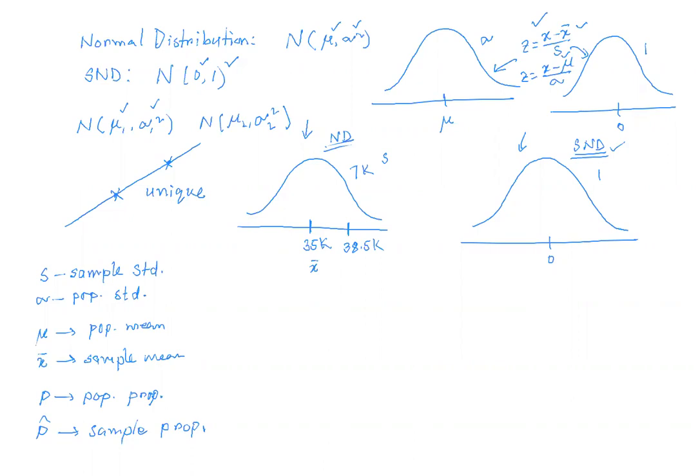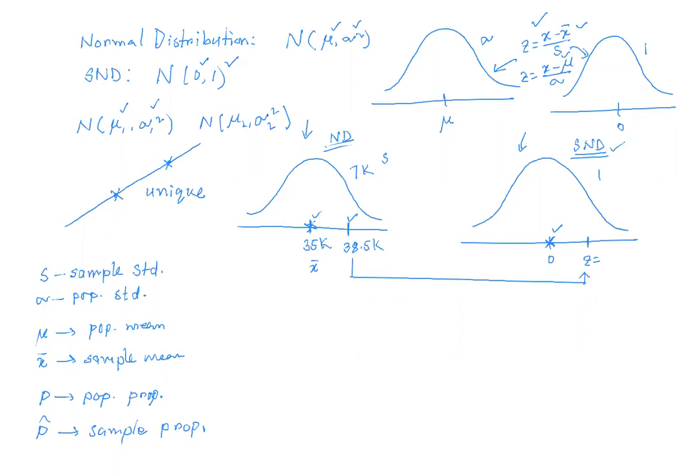So this middle point, the mean, corresponds to the middle point here, 0. So 35K maps to 0. Now 38.5K is to the right of 35K. So that means it's going to be to the right of 0 here. So the z value is going to be on the right side of 0. So this point maps to this point.